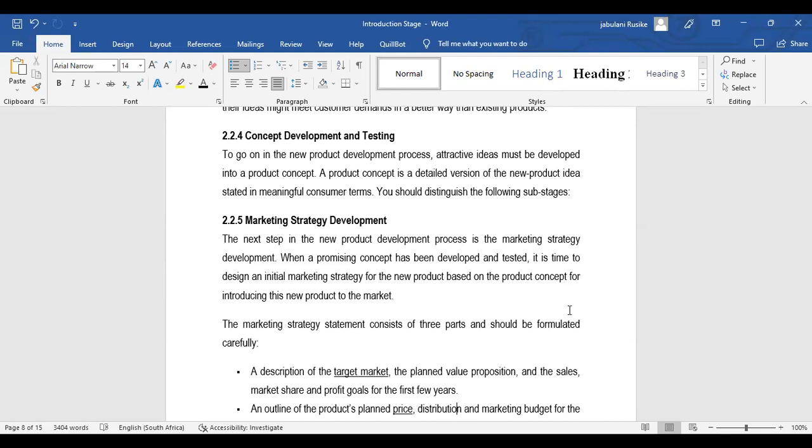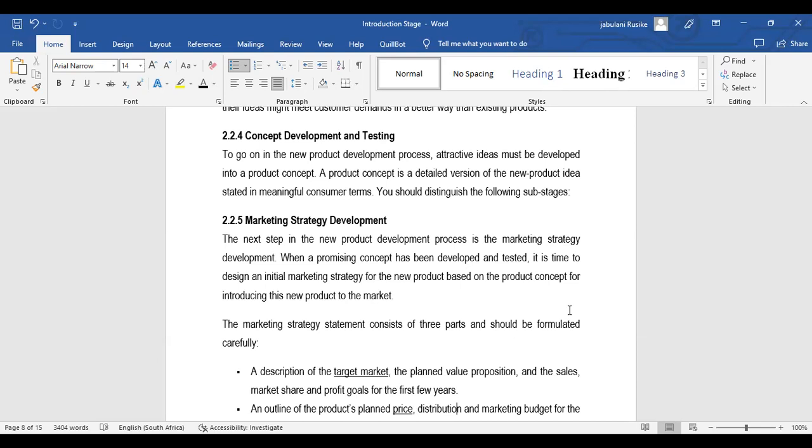And then the promotional: how are you going to communicate the product to the customers? This is where you are trying to position the product. This is a very important aspect, because this is where loyalty is built. Once you position the product in the positive minds of customers, then you are assured that your customers are going to be loyal to your brand.